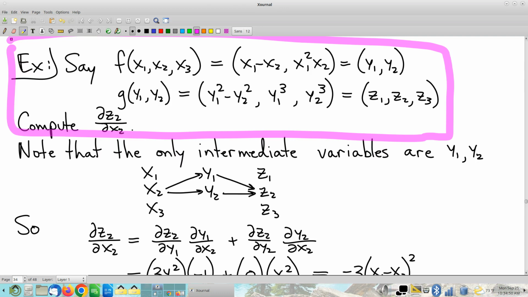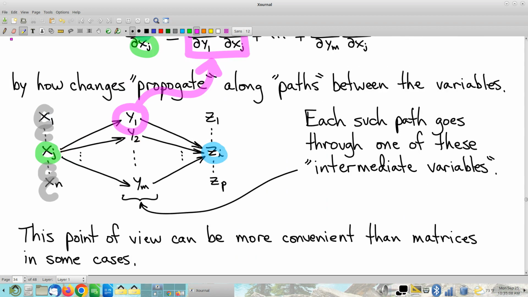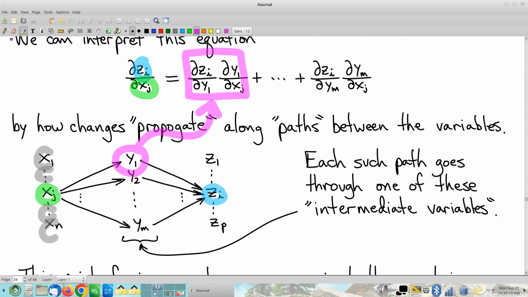So let's see, we have a function that takes x's in and gives y's out, and then composing it with a function that takes y's in and lets z's out. And we want to compute, you'll notice, a specific partial derivative. Now, if we're going to apply these ideas up here, notice that these ideas lean heavily on having this diagram showing how the variables connect to each other. I'm a big believer in those diagrams.